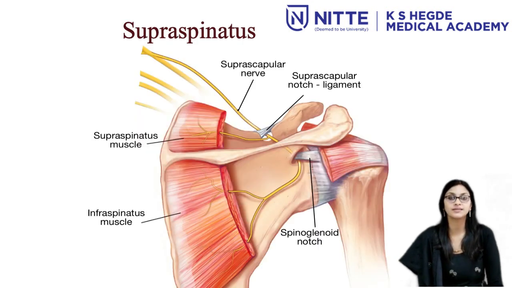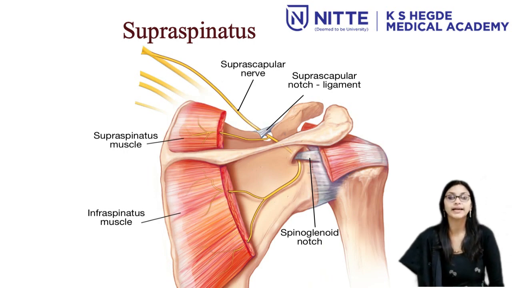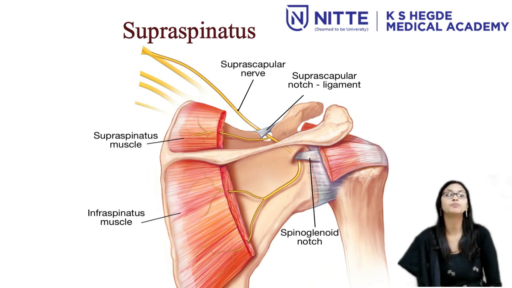Next nerve seen in this region is the suprascapular nerve. This is a nerve given by the upper trunk of the brachial plexus at Erb's point, so it conveys the fibers from C5 and C6. It passes deep to trapezius and reaches the upper border of the scapula.